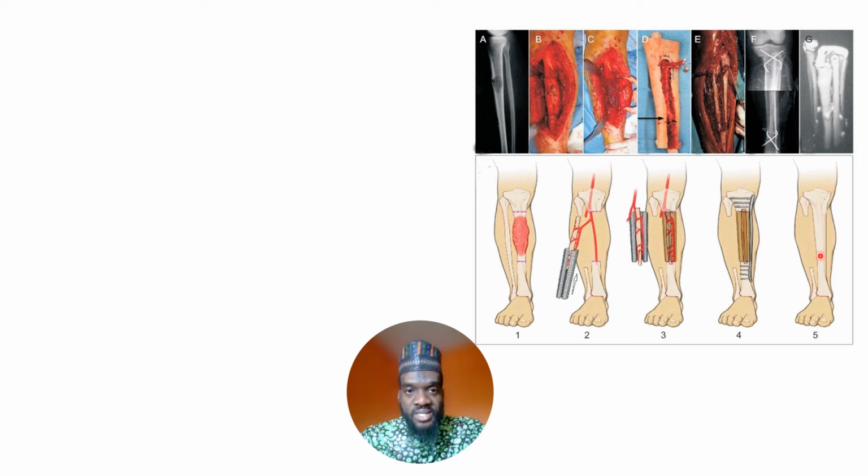And in case you're wondering, the fibula is often chosen for bone grafting because it's primarily a non-weight bearing bone, meaning that its removal or partial removal does not significantly compromise the stability of the leg of the patient, or even the patient's ability to walk or bear weight. None of that is going to be affected.